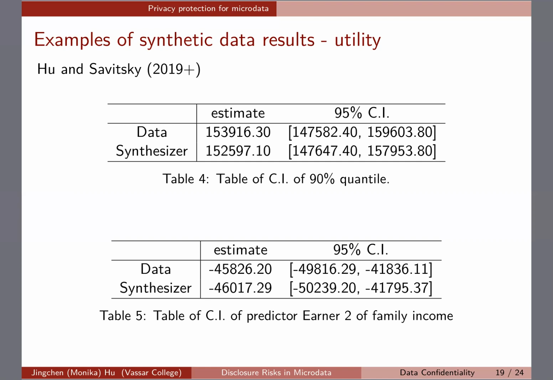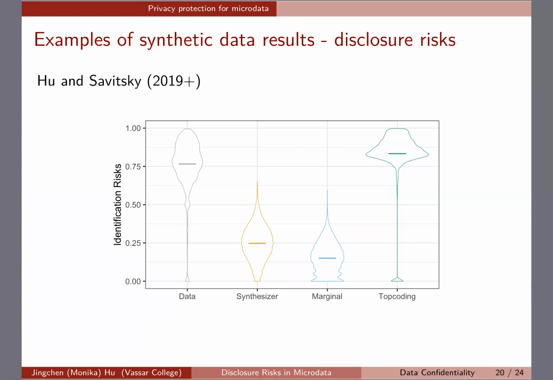One aspect of how good they are is high utility. You can come up with all kinds of utility measures that you want, produce them, and make sure that you're doing well. And like I said earlier, the other thing about how good those synthetic data are is disclosure risk. We want to have low disclosure risks once we do synthetic data.